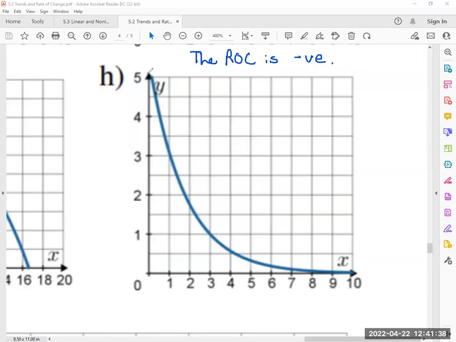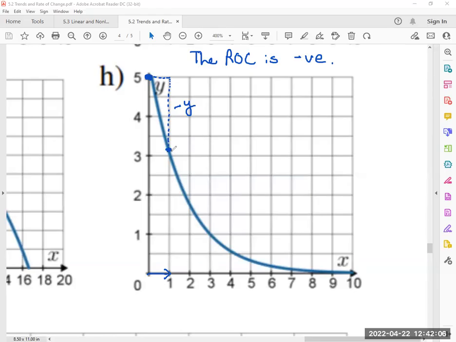Here's my argument. Starting at a point, let's say this is time, starting at 0, when I progress one value in the horizontal direction, my y value decreased. Another way I can represent it is I subtract, like the y value went down, I subtracted, right?